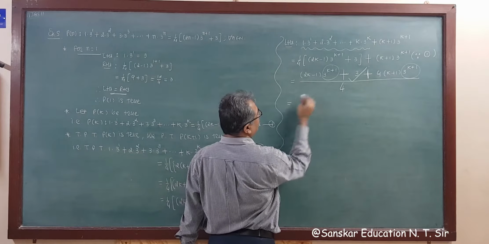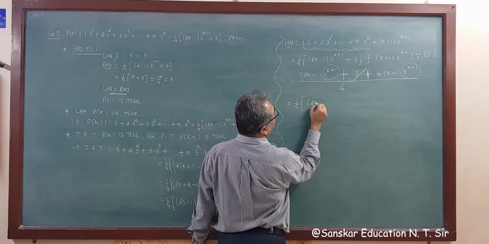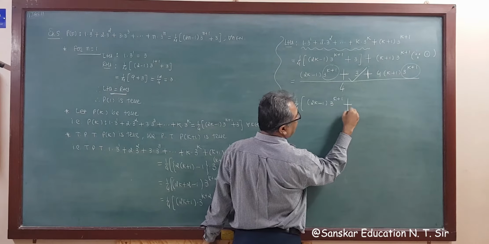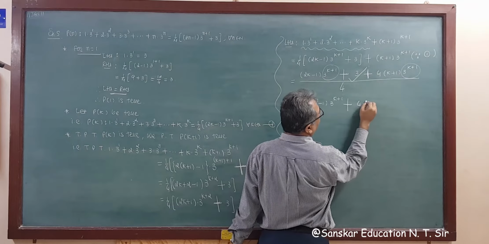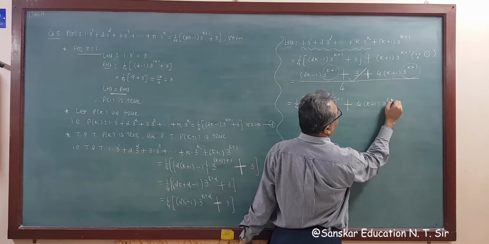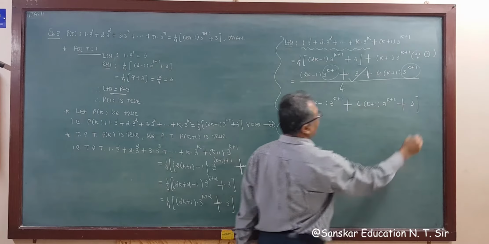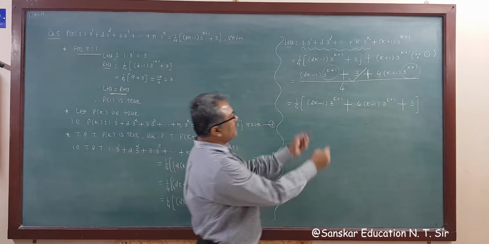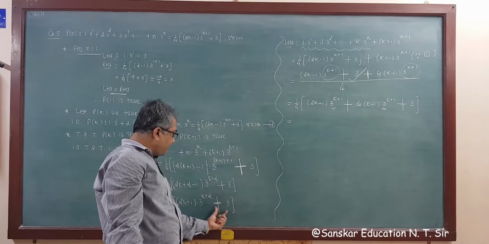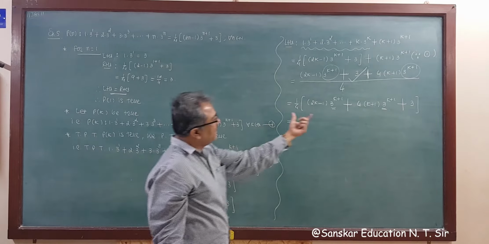So I am writing this 1/4 first into bracket, this is 2k minus 1 into 3 raised to k plus 1, then plus, I am writing this term, plus 4 k plus 1, right, into 3 raised to k plus 1, and then this is plus 3, got it. Now take 3 raised to k plus 1 common from these two terms, because plus 3 is already there, 1/4 is there, so we have to simplify these two terms.